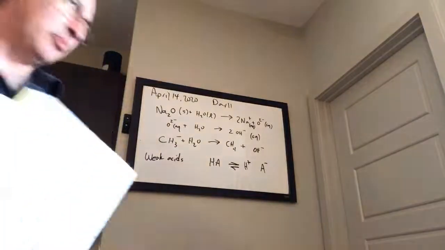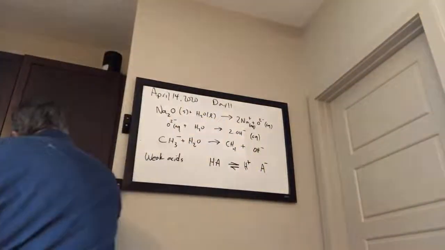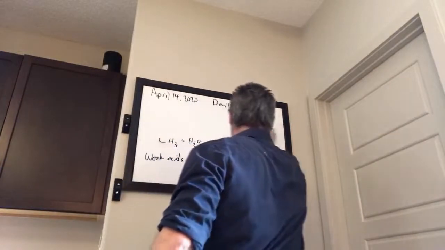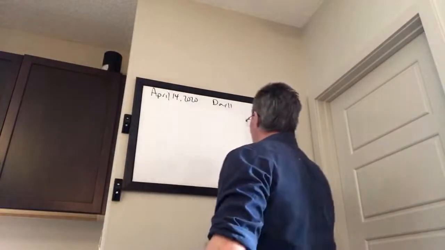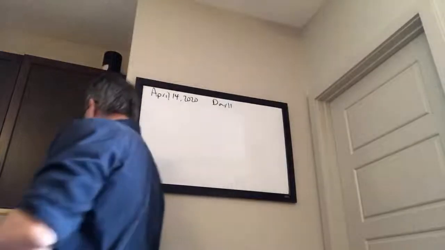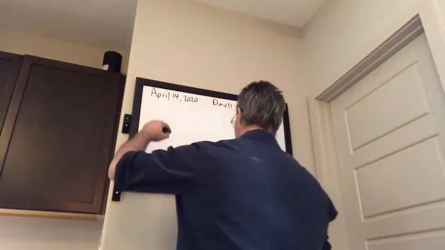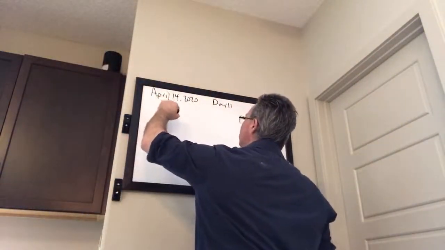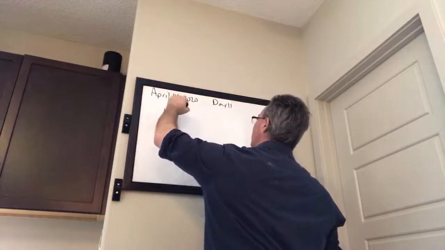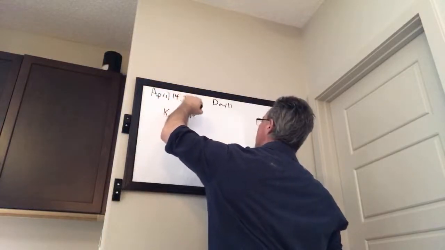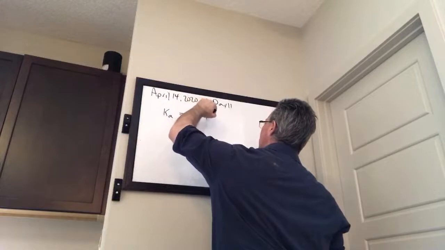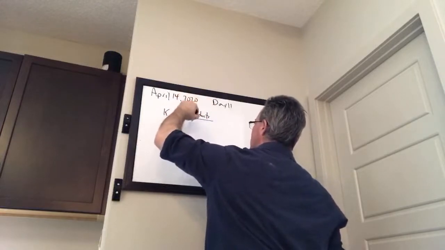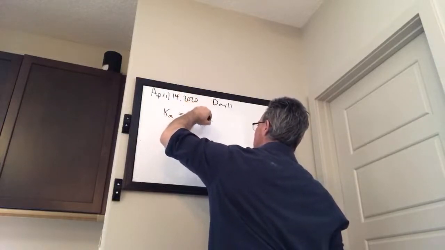Also, when you write an equilibrium for acids, you get Ka, right? So K, the acid dissociates into a proton and its conjugate base. So you always write products over reactants whenever you do equilibria. It's always product concentrations over reactant concentrations, whatever they are.